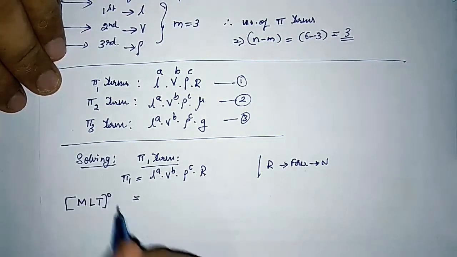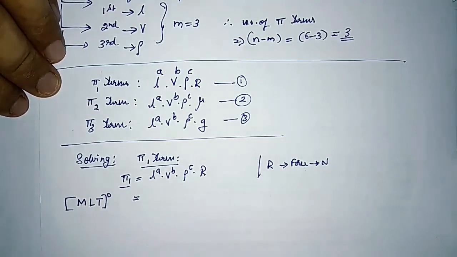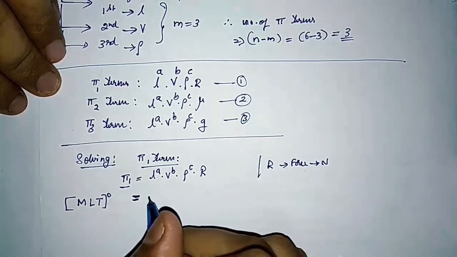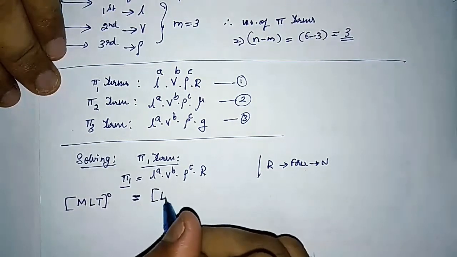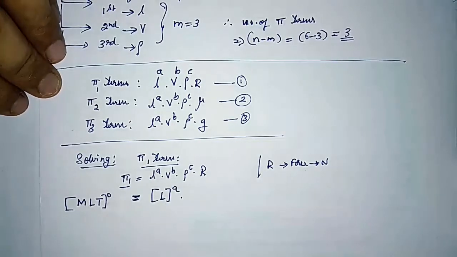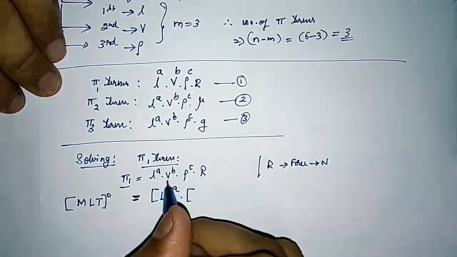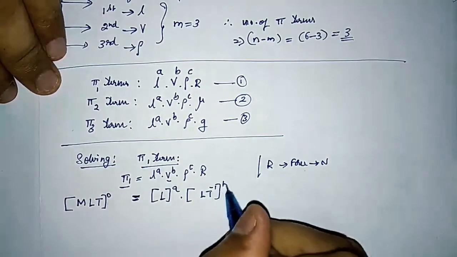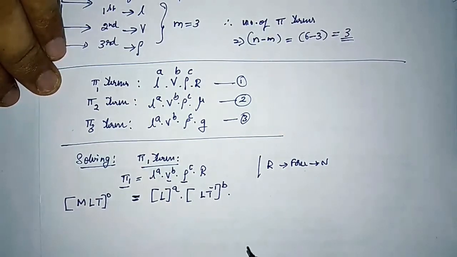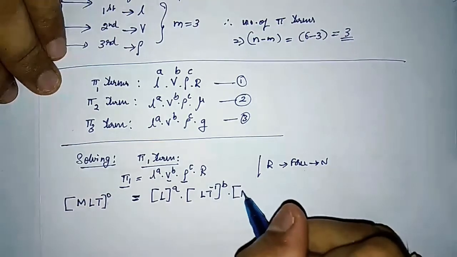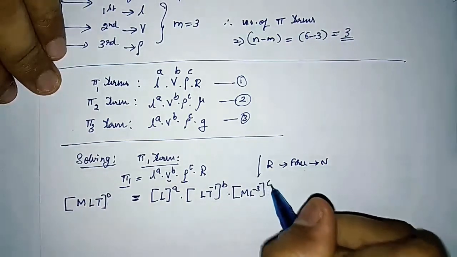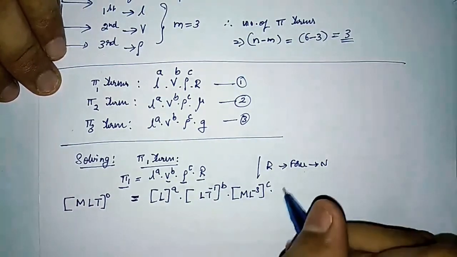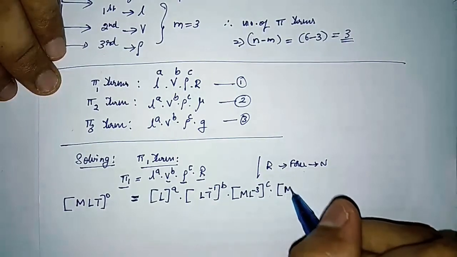On the left side, M L T raised to 0 because pi 1 is dimensionless, that is equal to the dimensional form of L, which is L raised to a. The dimensional form of velocity is L T raised to minus 1 to the power b. The dimensional form of rho is M L raised to minus 3, power is c, and R is Newton, so the dimensional form is M L T raised to minus 2.